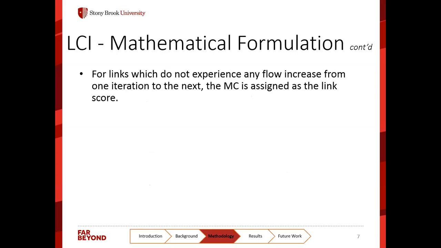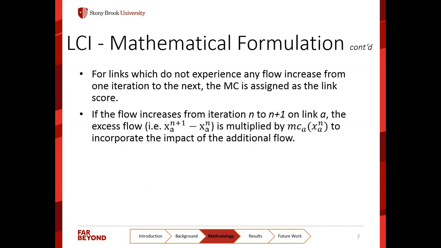For those who know more about traffic assignment, not all the time does the flow increase on a link from iteration to iteration. Actually, it increases only when the link is on the shortest path. So if a link doesn't experience any flow increase, we assign the marginal cost as the score for that link at that iteration.